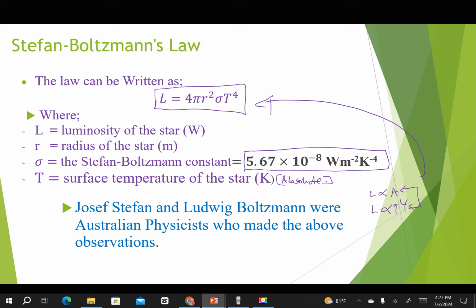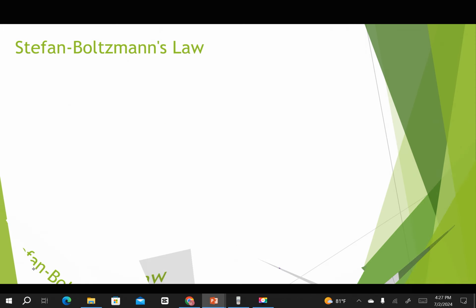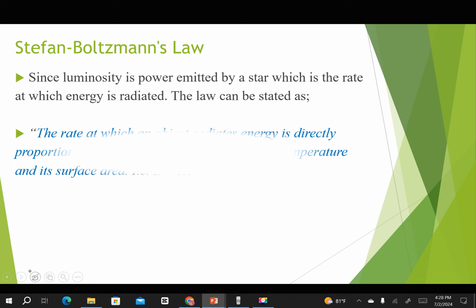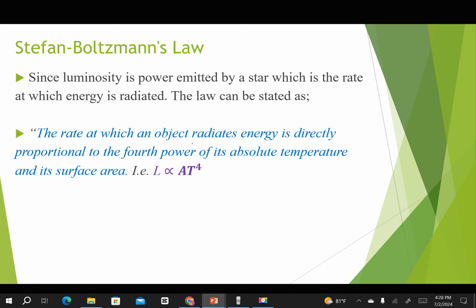Okay, so in summary, a simpler way of stating Stefan Boltzmann's law, for example, in an exam. Since luminosity is the power emitted by a star, which is the rate at which energy is radiated, instead of using energy radiated per second per unit area, we shall simply say the rate at which an object radiates energy, which is of course the power, is directly proportional to the fourth power, that is T to the power of 4, of its absolute temperature and its surface area.